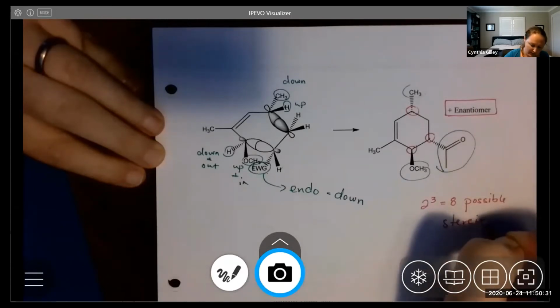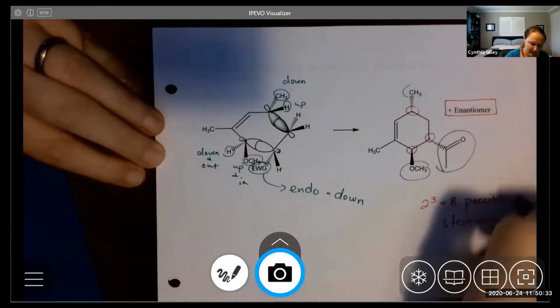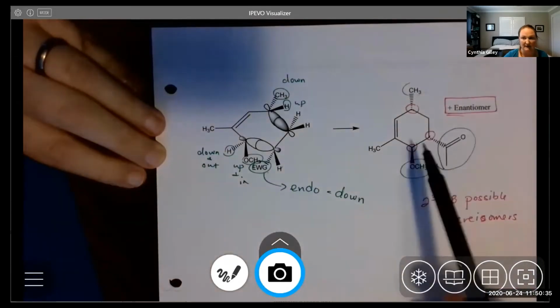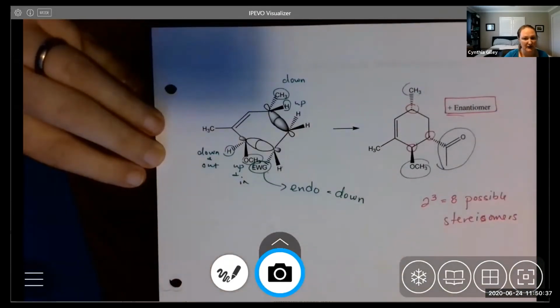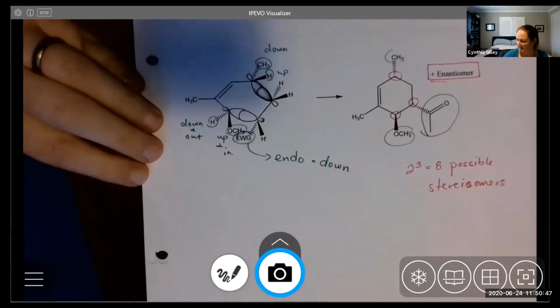But you are only going to get 2. You get this one and its enantiomer, only 2 out of 8 possible. The other ones don't form. Hopefully that made some sense.